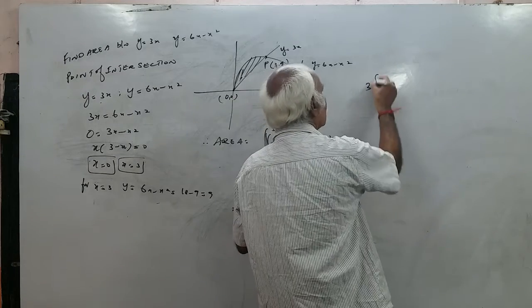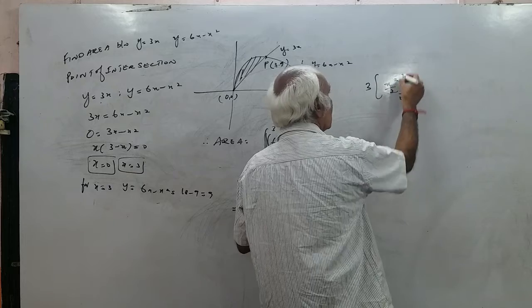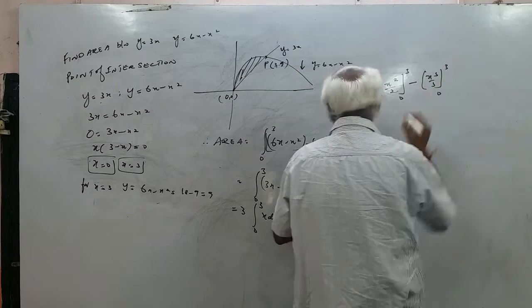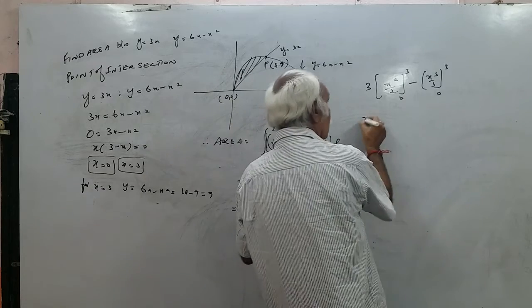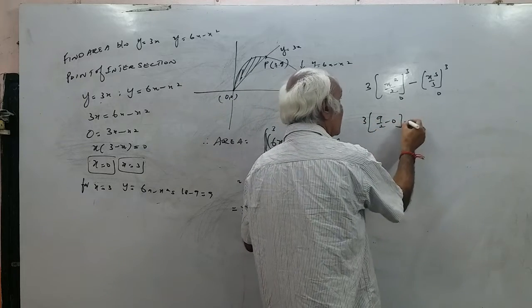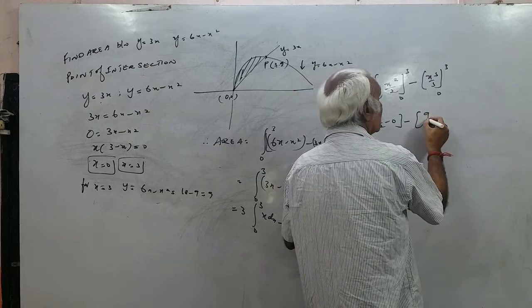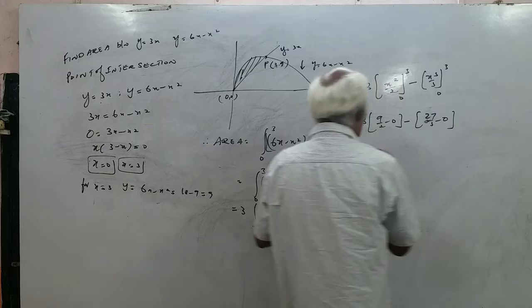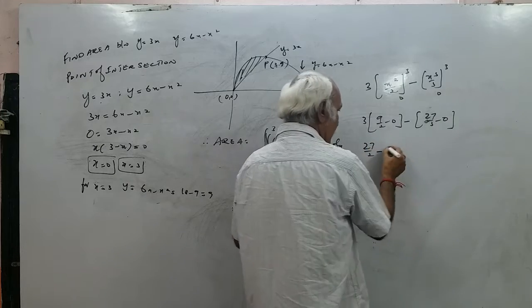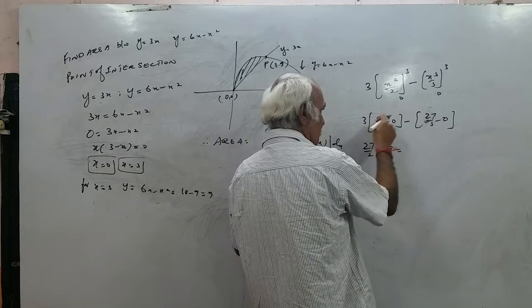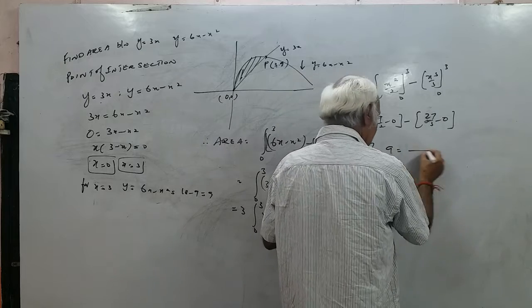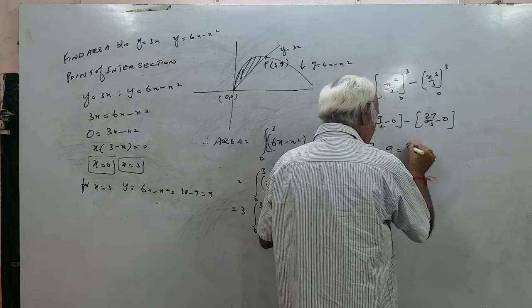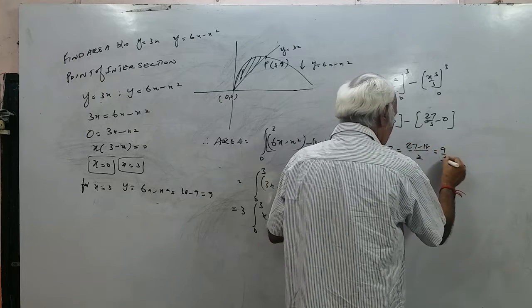So what will happen? 3 into x square by 2, 0 to 3, minus x cube by 3, 0 to 3. So we are taking the areas. So 3 into 9 by 2 minus 0, here 27 by 3 minus 0. So this becomes 27 by 2 minus 9. Because this is a 0, 27 by 2 minus 9. So the LCM is 2, 18. So 27 minus 18, which is 9 by 2.